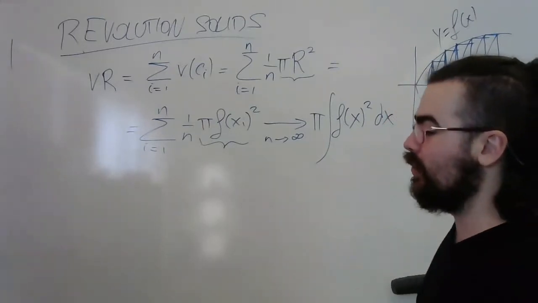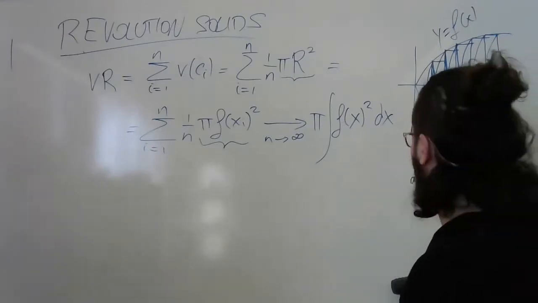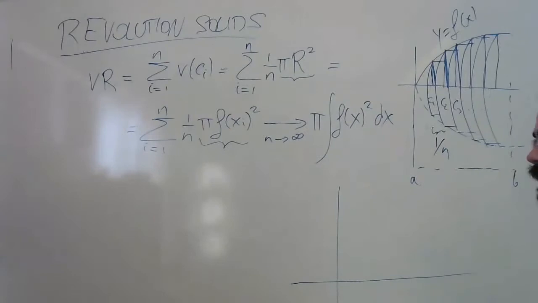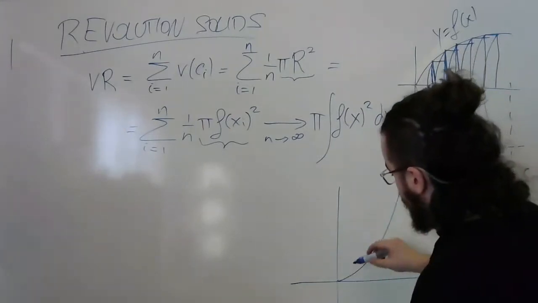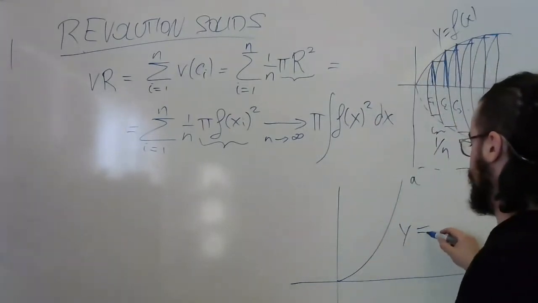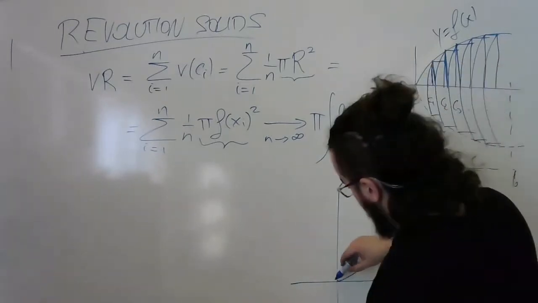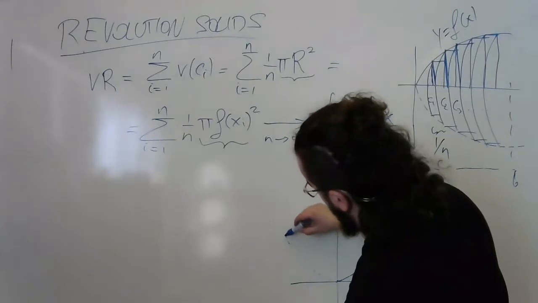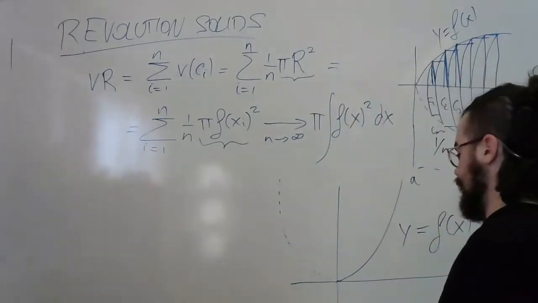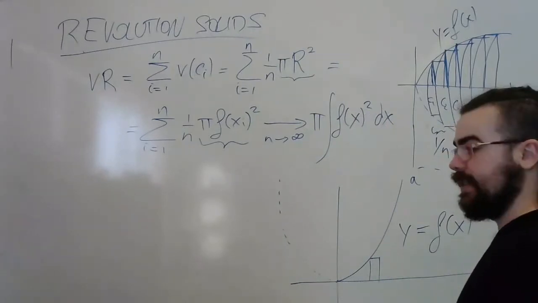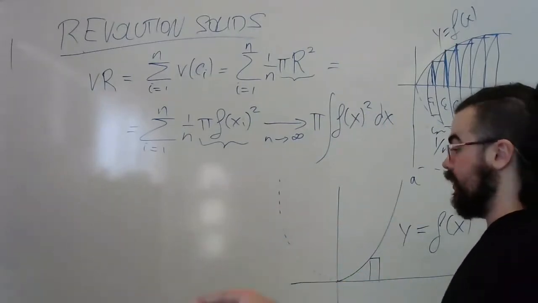If I wanted to revolve the function around the y-axis, let's see what happens. We have another function f of x, and we want to revolve it around this axis. So instead of building our Riemann rectangles like this, we have to build them in the other direction.